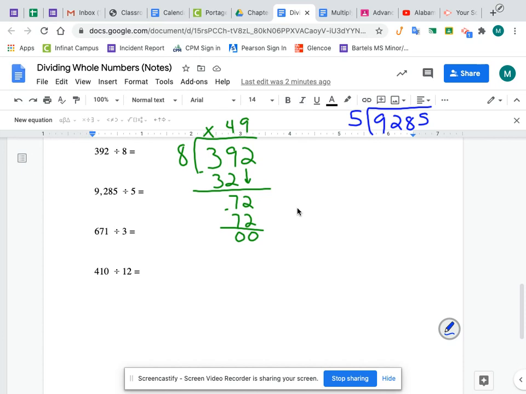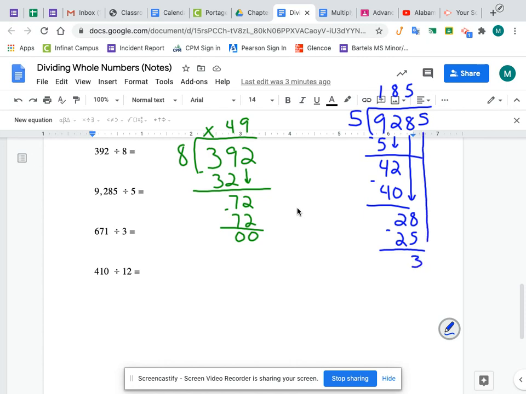So 5 goes into 9 one time. Bring down my 2. 5 goes into 42 8 times. And notice I'm putting that 8 right over the number that I brought down. So 5 times 8 is 40. Subtracting, I get a 2. Bring down 8. 5 goes into 28 5 times. 5 times 5 is 25.